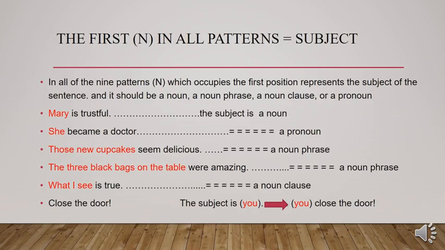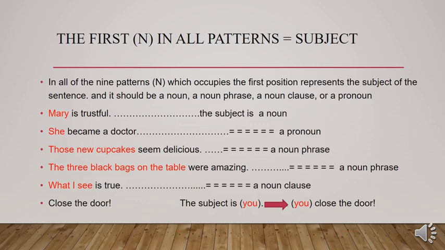And this noun, which is the subject of this sentence, is a noun clause. Clause means a sentence. So it is a sentence, it is a clause, but we call it a noun clause because it comes in the position of a noun. Because it comes in the position of the subject, we call it a noun clause.